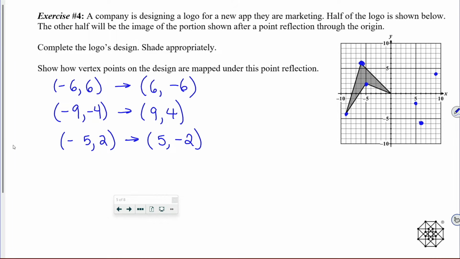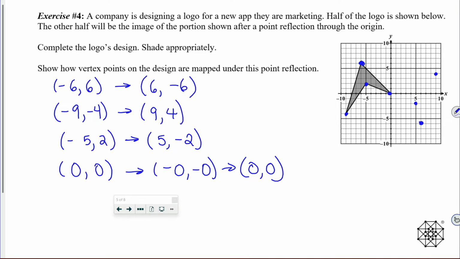Okay? And finally, the origin, right, which is right here, 0, 0, I suppose would go to -0, -0, but that's just the same as 0, 0.